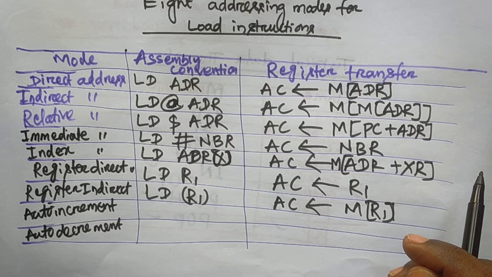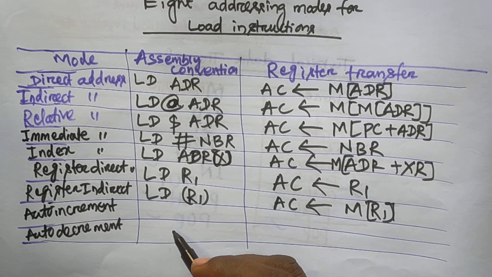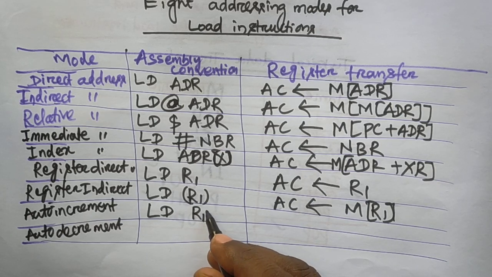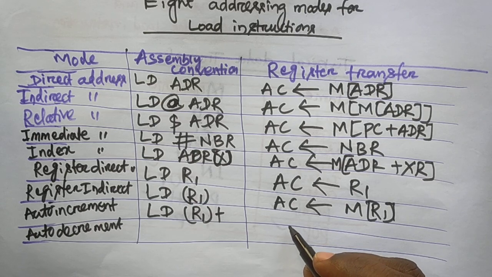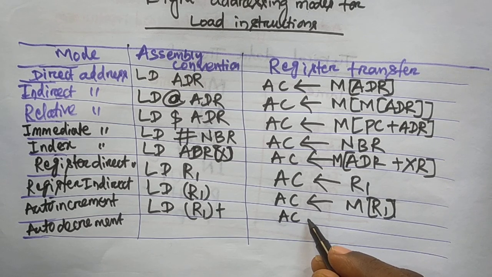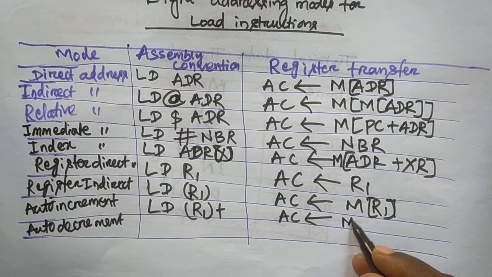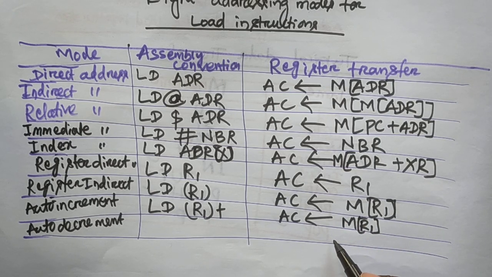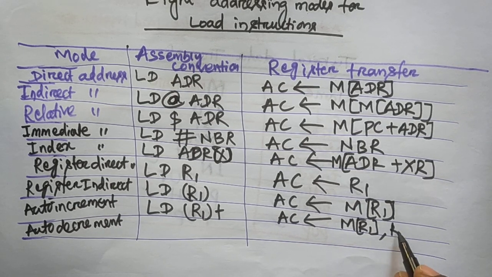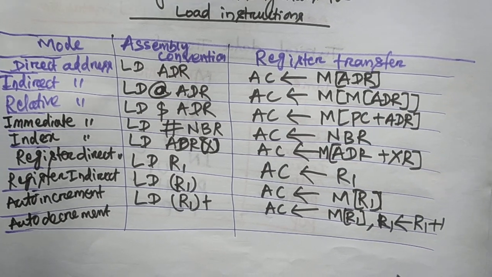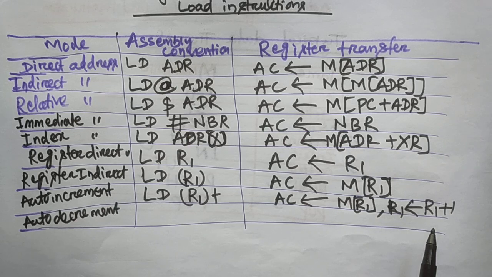Next, auto increment or auto decrement: load R1 plus means auto increment. Then SC gets the content of R1, which is transferred to SC, where R1 becomes R1 plus 1, because it is increasing.